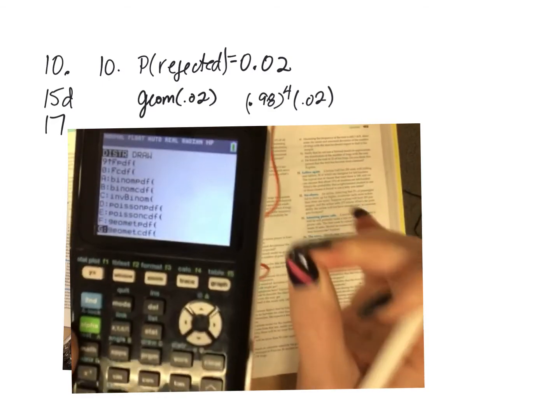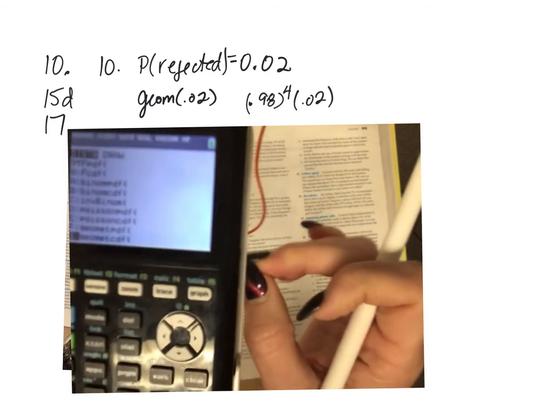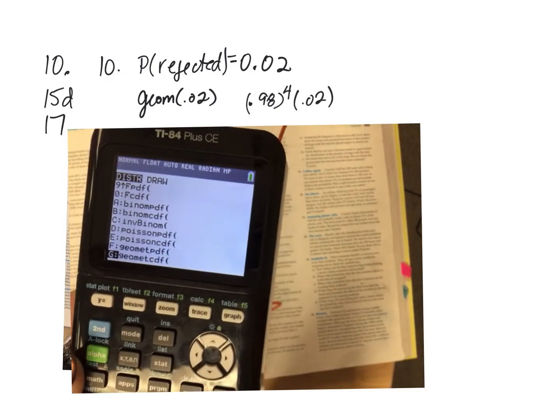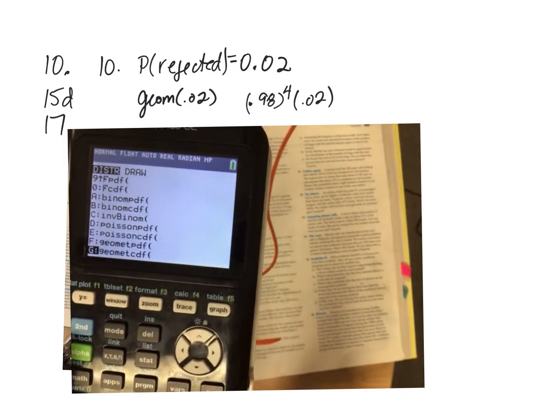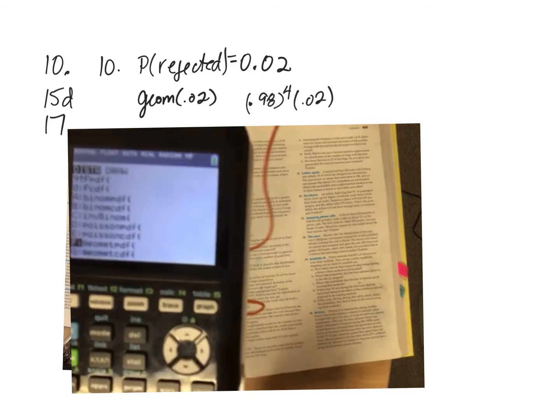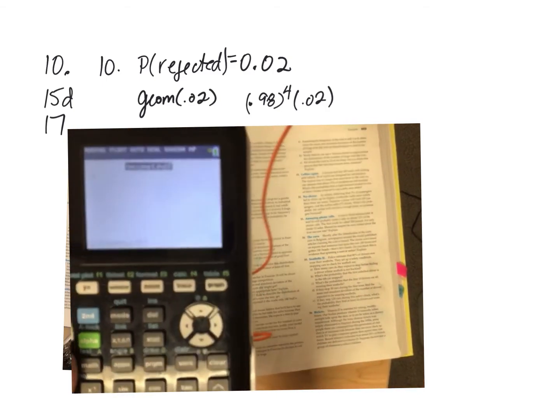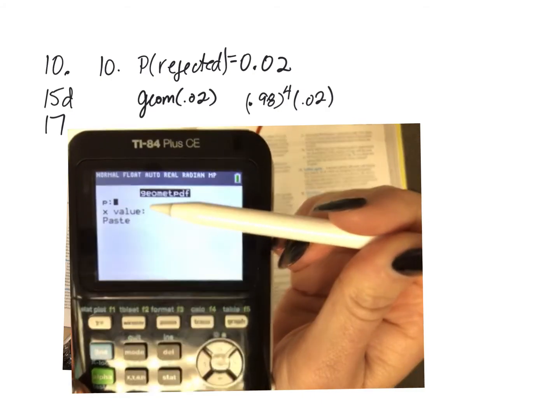So this is a single value. I want to know what's the probability of one thing. What's the probability that my first defective chip is the fifth one I see? And so that is a PDF, point, single value, okay? And it tells me what I have to put in.